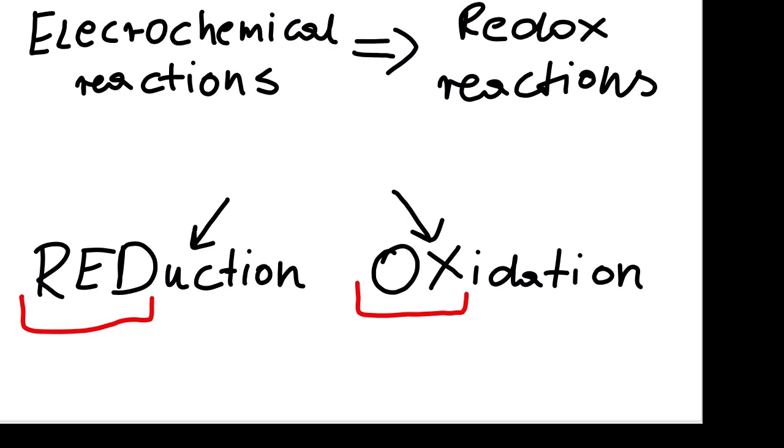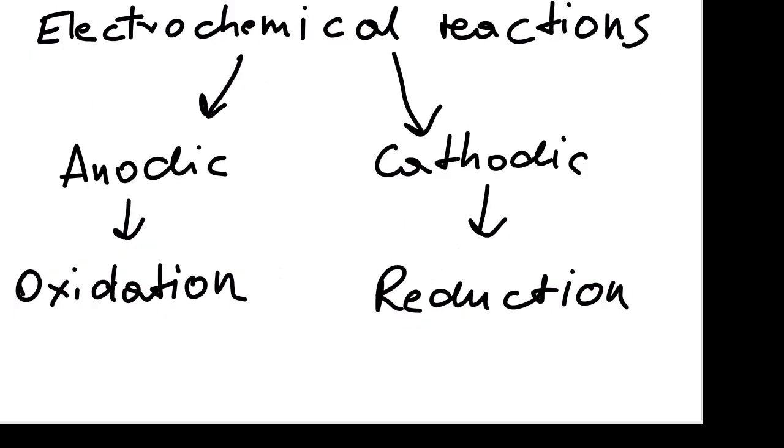They both always proceed together. The oxidation reaction can always be called an anodic reaction. Reduction reaction is a cathodic reaction. Once again, oxidation is an increase of the oxidation state, reduction is a decrease of the oxidation state.